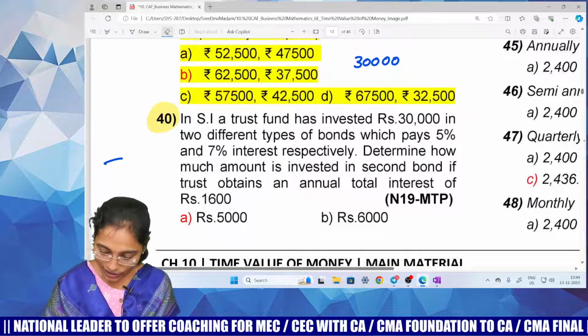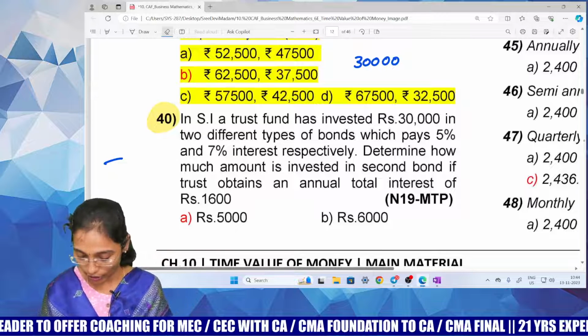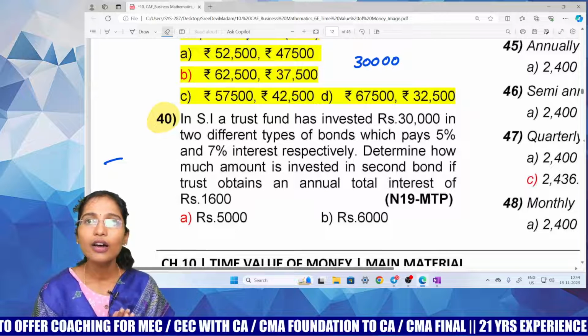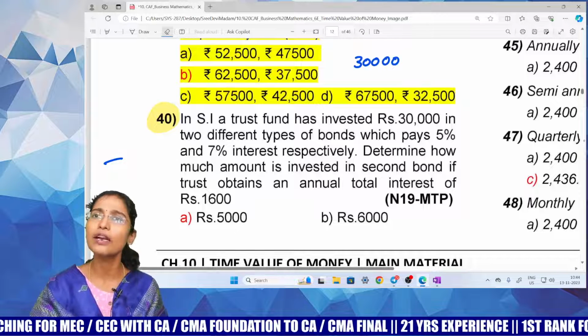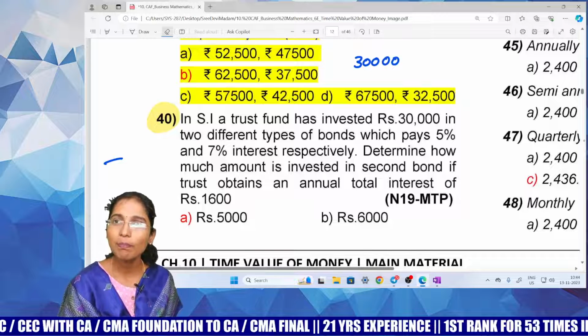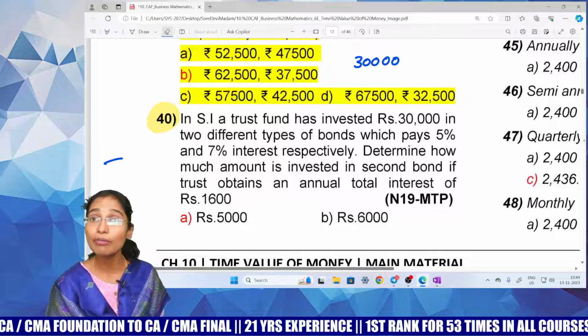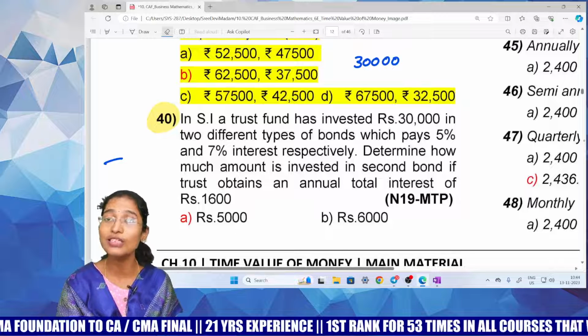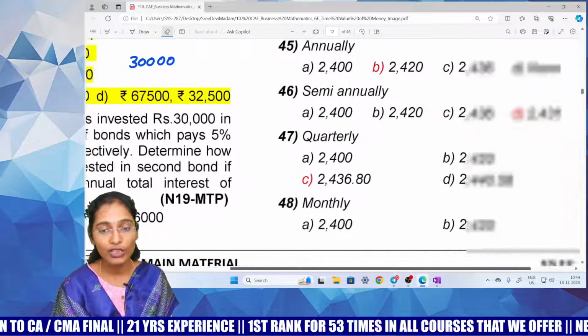So he is asking us to calculate the investment that was done by you in the second part. And it is given that the total value is 30,000. If the second part is 5,000, what is the first part? 25,000, no. So it's a simple guess. So use your option verification techniques also. Sometimes verification is also not possible, means elimination. I'll tell you the elimination technique also. Look at the next question, guys.